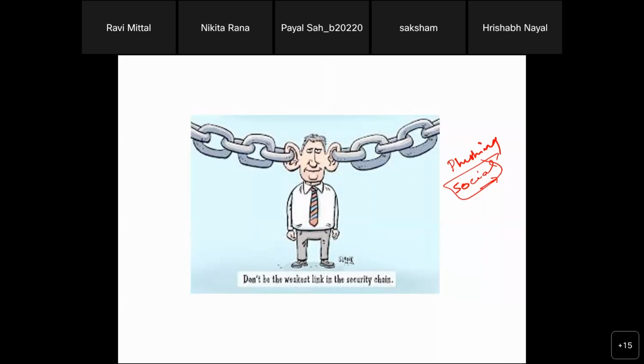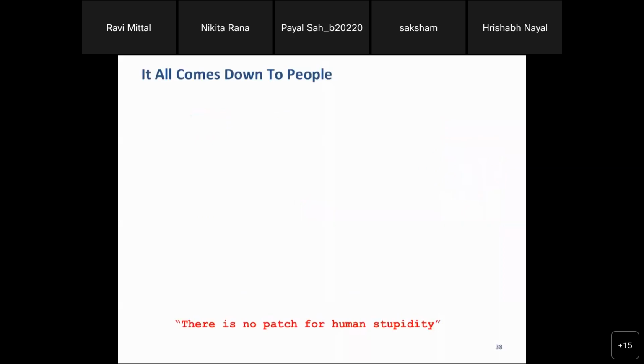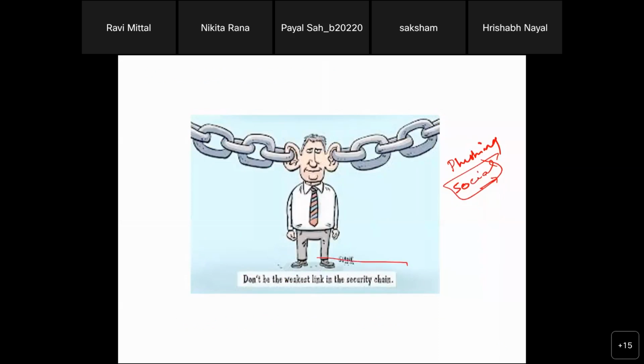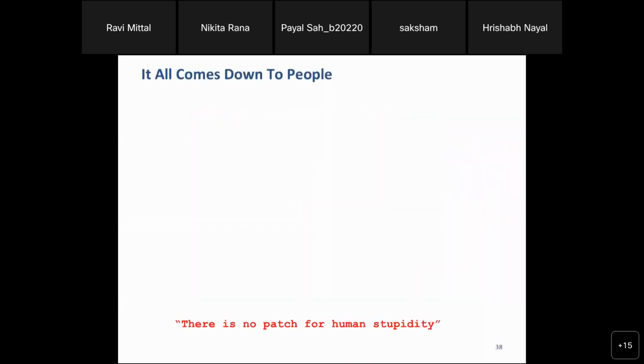So humans are in general the weakest link in the whole security, right? And there is no patch for human stupidity. A patch is a small piece of software, correcting software you send, and a patch is applied where the bugs are, right? Humans can't be patched.